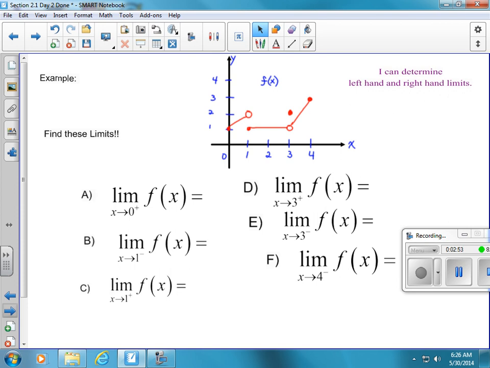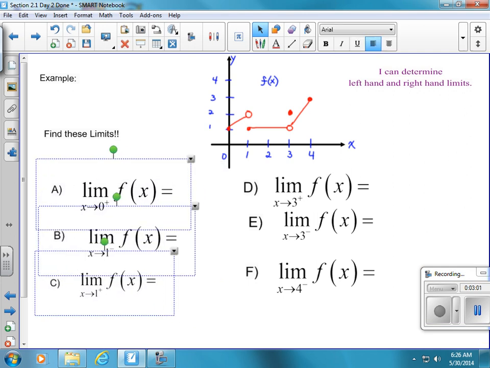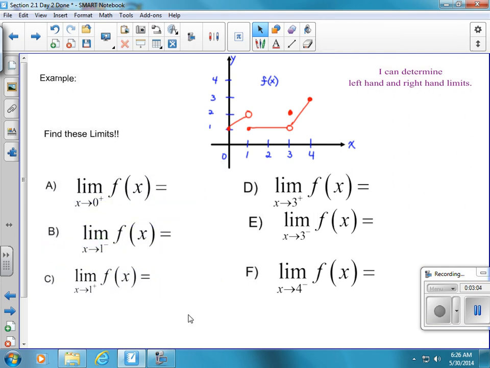So what we're going to do first is figure out where all of these limits are going. First of all, we're looking at x equals 0 from the right-hand side. When I come to 0 from the right-hand side, my y equals 1. Everyone see that? As x goes to 1 from the left-hand side, this function is headed up to 2.